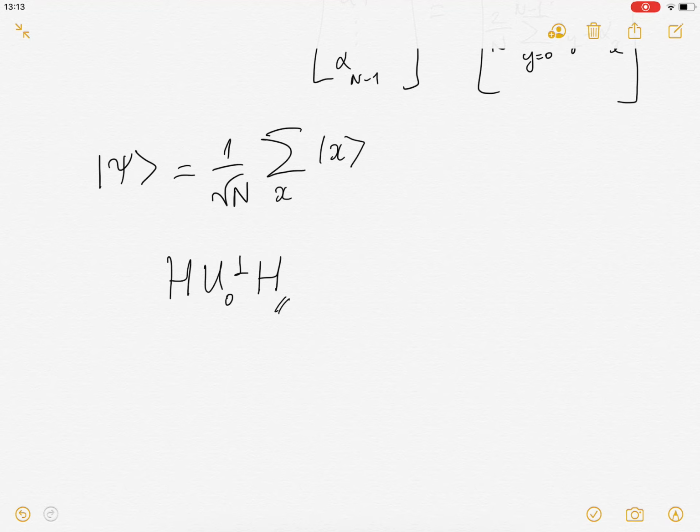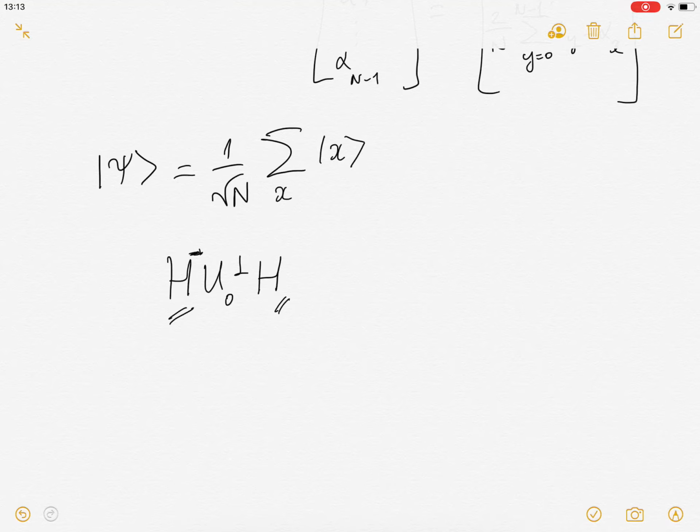And then we change the basis back, this is actually Hadamard inverse, okay? But Hadamard inverse is equal to Hadamard, so it doesn't really matter which we write, they're equal to each other. And then finally we change the basis back to the general superposition state psi.